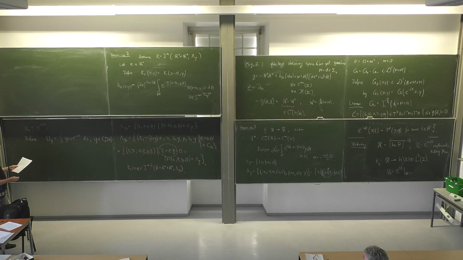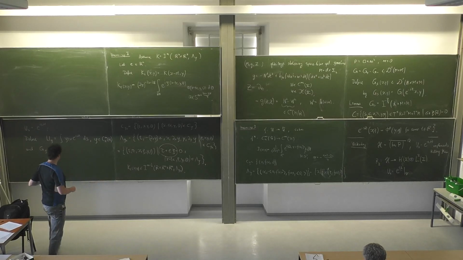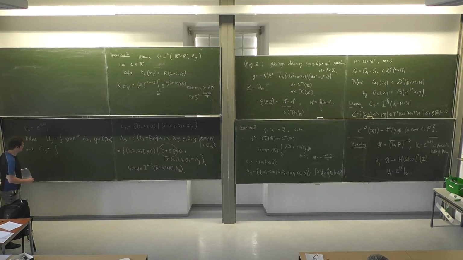And similarly, I also define G phi in the same way. So G is a distribution, and I plug in the test function phi in the slot s from before. So that's an integral. Please, every integral in this talk is a distributional pairing. I hope that's clear. I don't really use Lebesgue integration anymore.